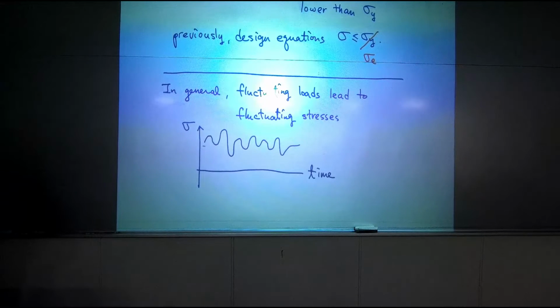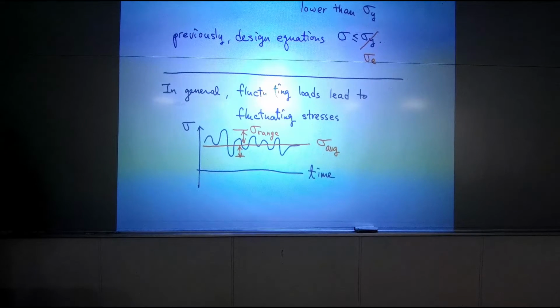So let's say this is the mean value. We can call this average, and we can call this sigma R, represent range. So AVG represents average. R means range.